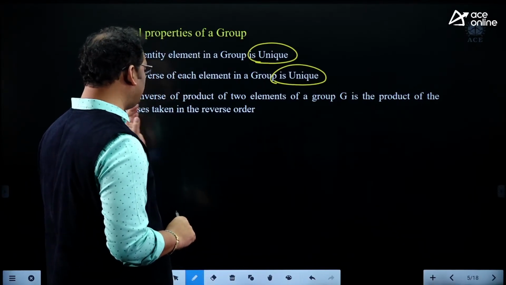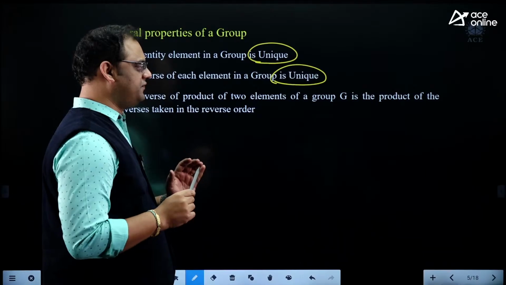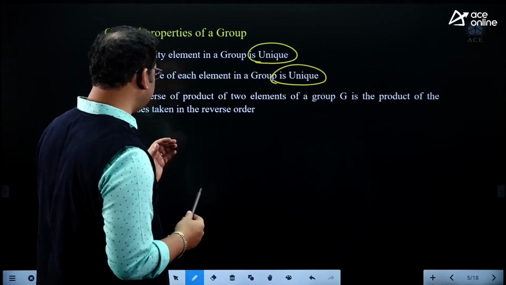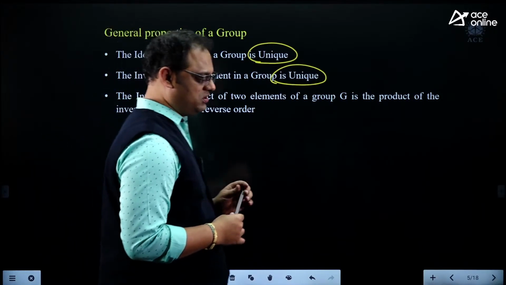Next, the inverse of the product of two elements of a group is the product of inverses taken in reverse order.